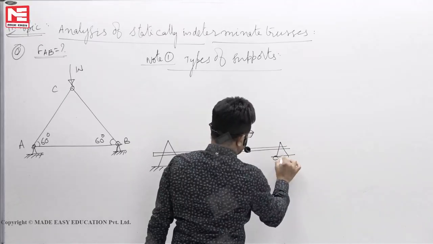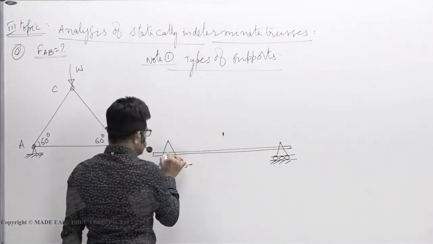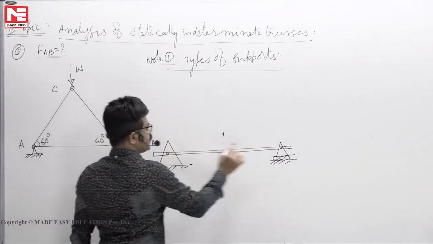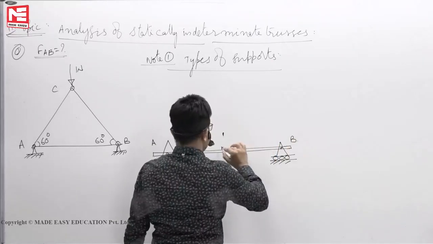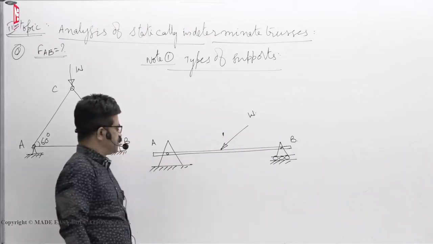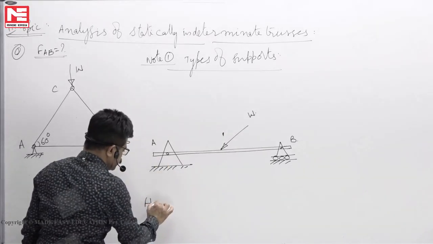Just a schematic diagram I have drawn. There is a bolt here. There is also a bolt here. This point let us say A. This point let us say B. Some load we have applied, say W. This type of support we call a hinge support.